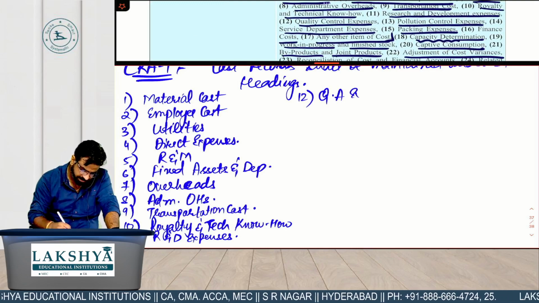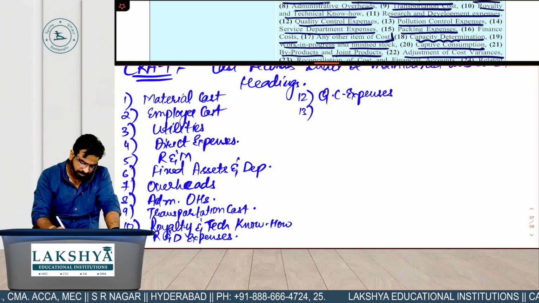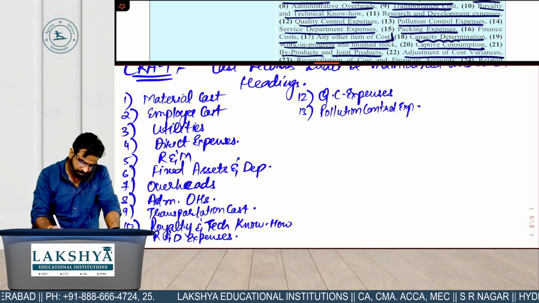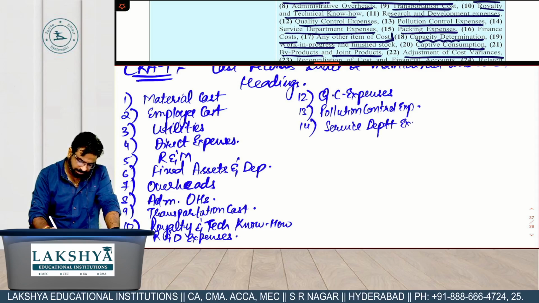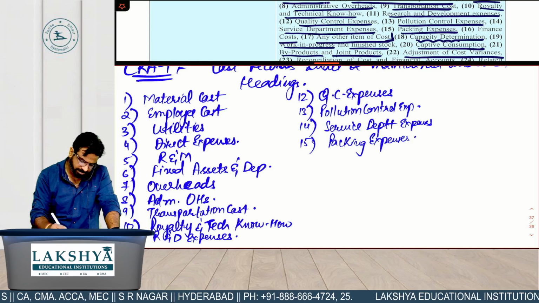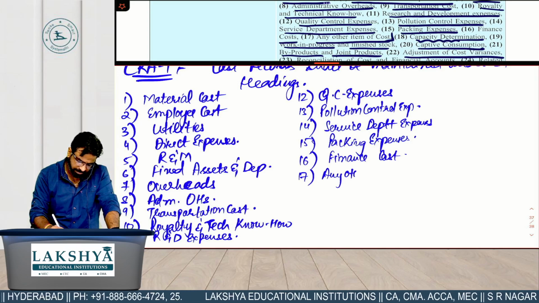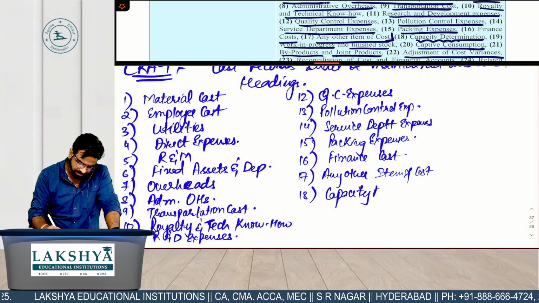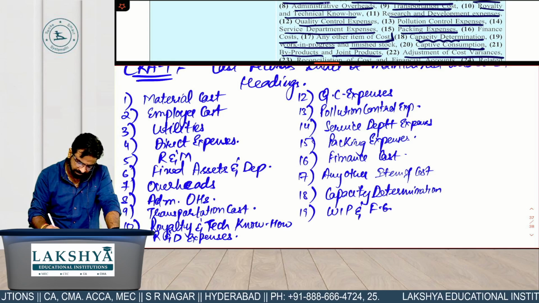QA expenses, QC. Pollution, quality control, service department, packing expenses, finance cost, any other item of cost, capacity determination, WIP and finished goods.